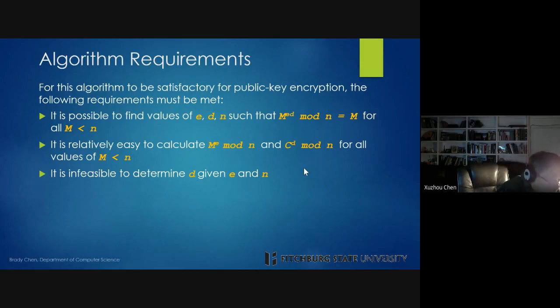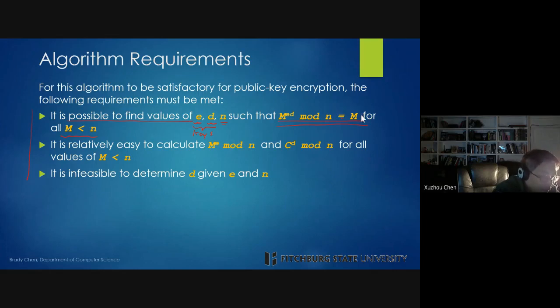The first step is we have to make an assumption that it is possible to find values e, d, which are the keys, and n, which is a big number, such that m to the power ed modulo n equals m, for all m less than n. If we can find e, d, and n such that this equation is true.